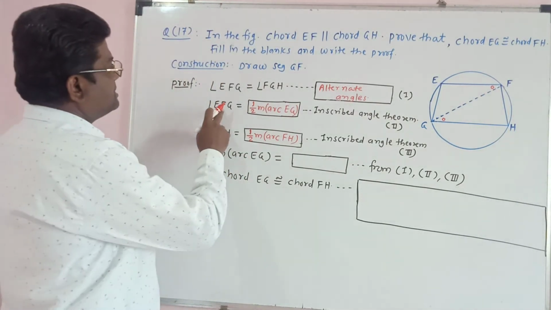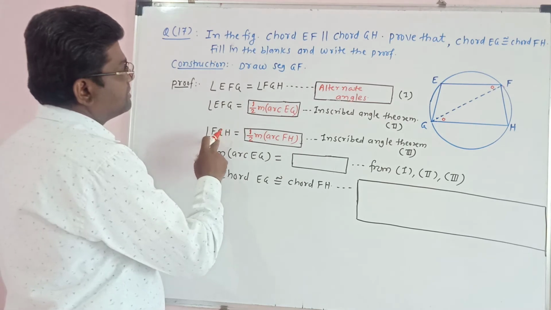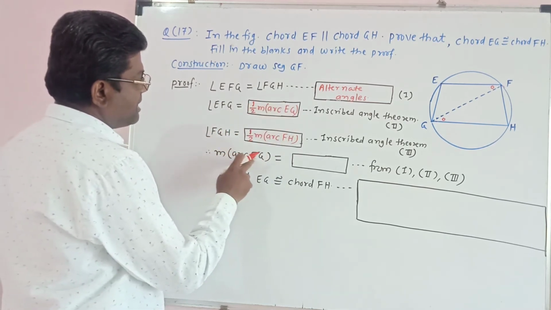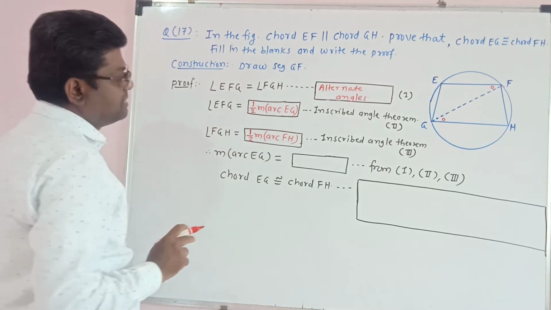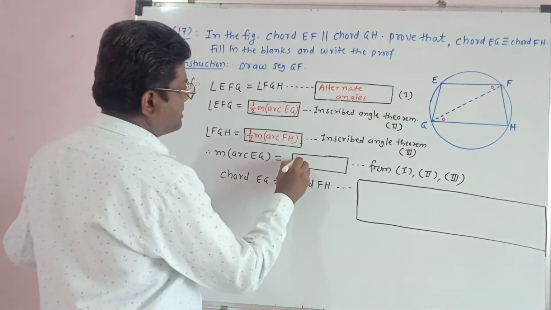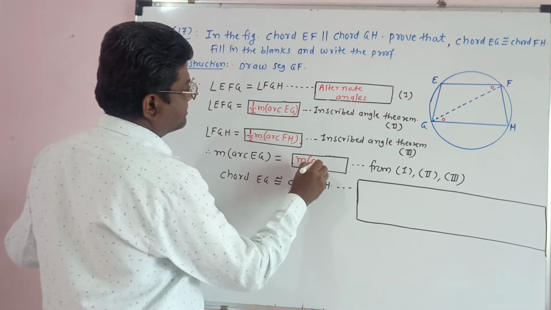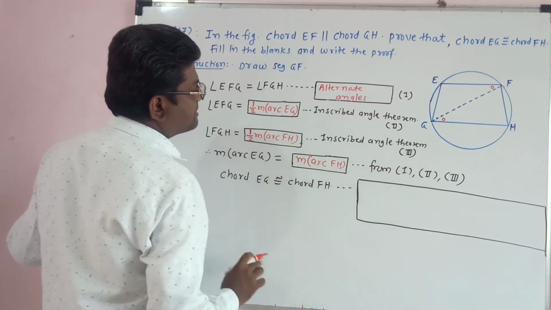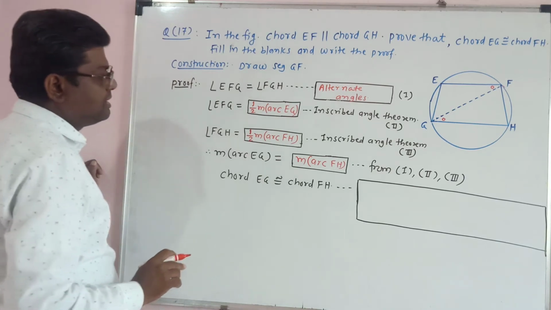Now, these two angles are equal. Therefore, these two arcs are equal. Therefore, measure of arc EG is equal to measure of arc FH. This is from equations 1, 2 and 3.